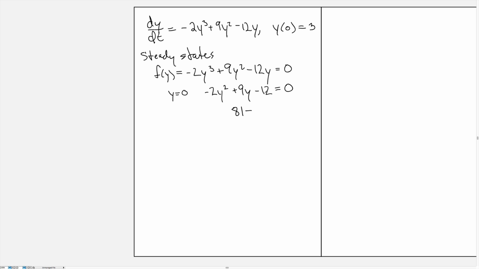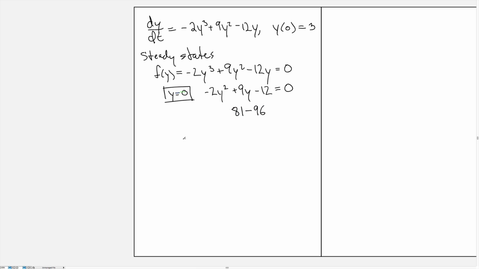And we have 4ac, which is 4 times 2, which is 8. Minus and minus is a plus, so I have 8 times 12, which is 96. So you can see that the discriminant will be negative, so there are no other roots, so there's only one steady state. And there it is, y equals 0.